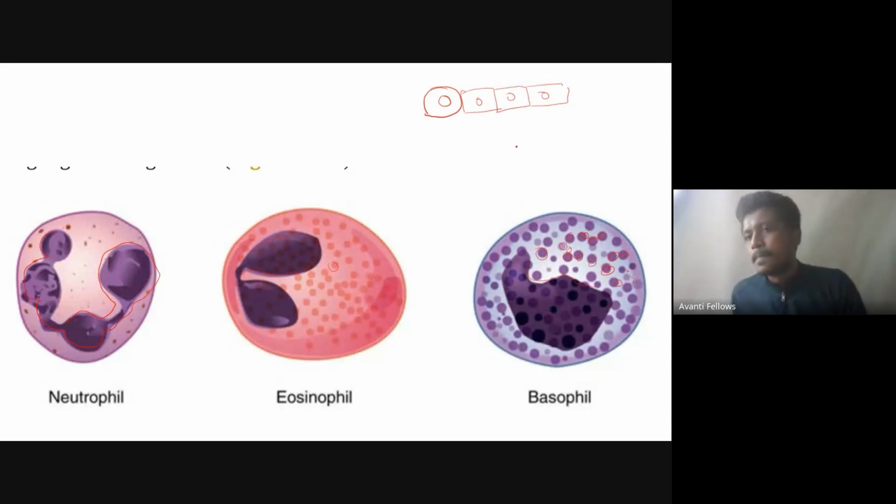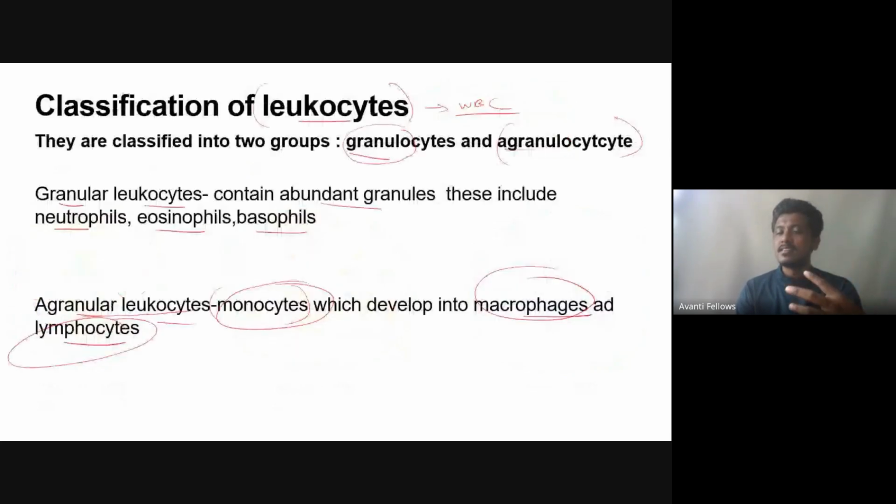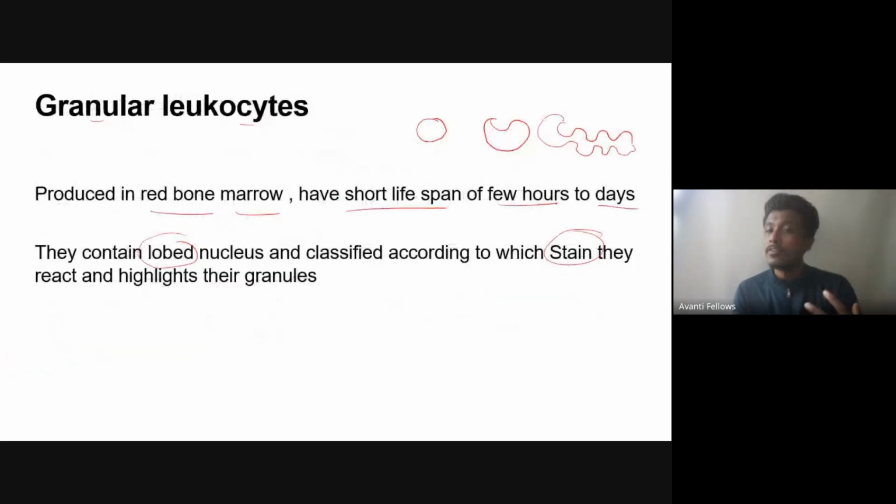If there is an indentation in the nucleus that shows a different morphology, we call this a lobed nucleus. So the key characteristic of granulocytes is having a lobed nucleus, which helps us identify them.